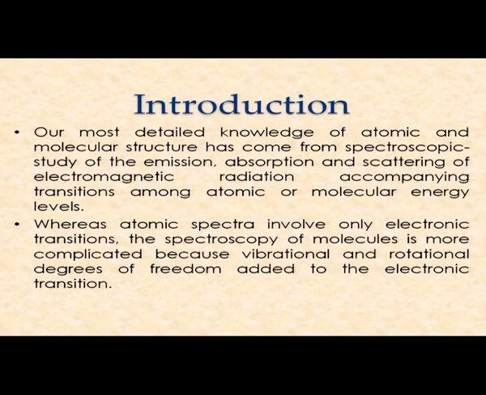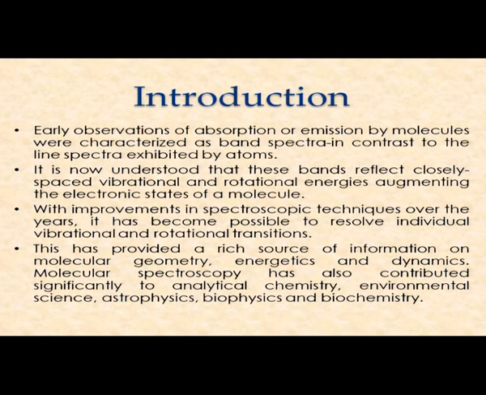To understand the atomic spectra, only electronic transitions are enough, but to understand molecular spectroscopy, vibrational and rotational degrees of freedom are required. We will be learning about vibrational and rotational degrees of freedom in this lecture.